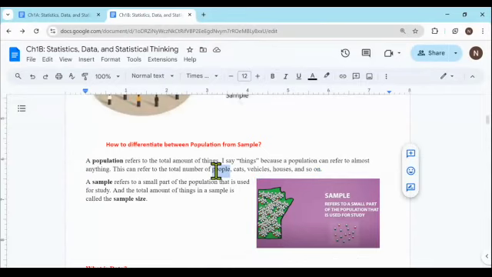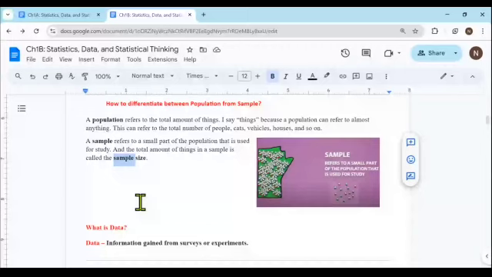Can you do statistics on the total number of people? Difficult. You will miss someone, or it's going to be very costly to go to each person in the country, knock on the door, and ask for all the information you need. It could also be cats, vehicles, houses, and so on. A sample refers to a small part of the population that is used for study, and the total amount of things in a sample is called the sample size. Is this clear?